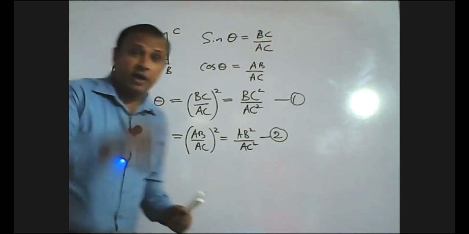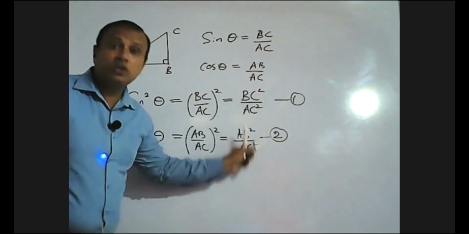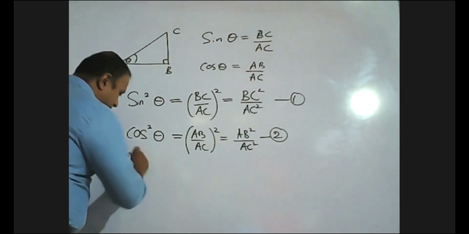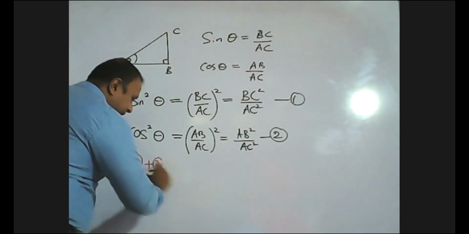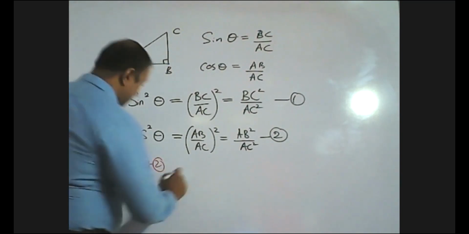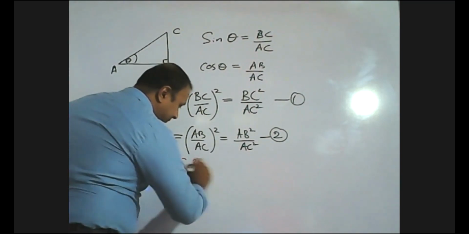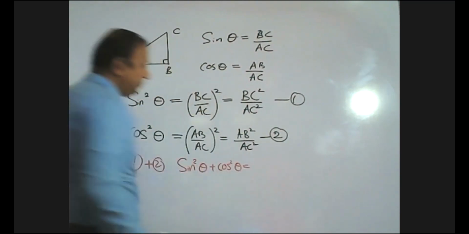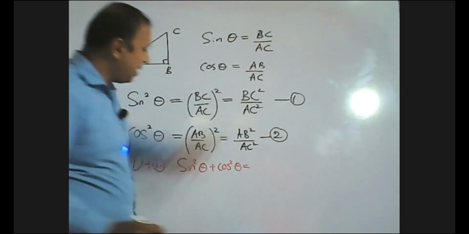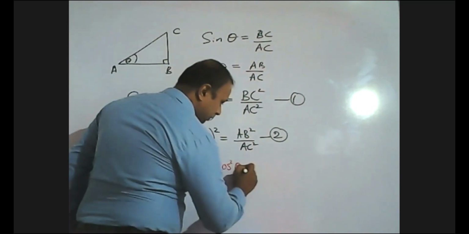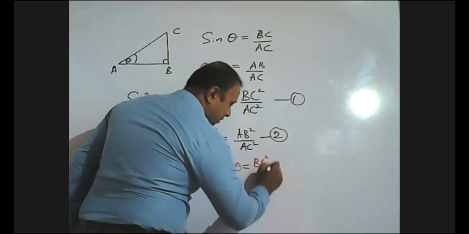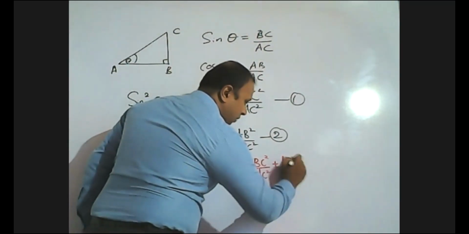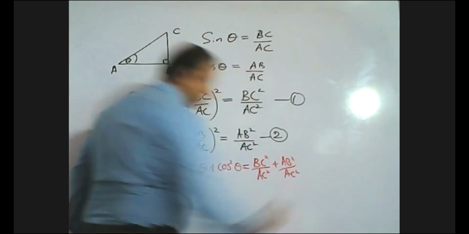Now I am going to add equation 1 and 2. If I add equation number 1 and equation number 2, I will have sine square theta plus cos square theta equal to BC squared over AC squared plus AB squared over AC squared.